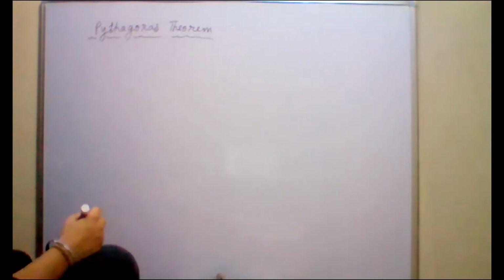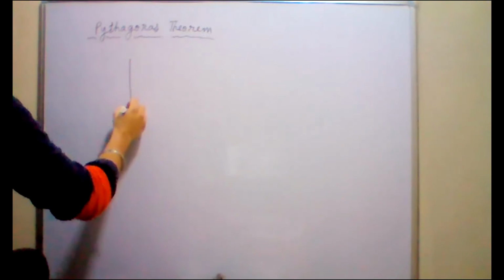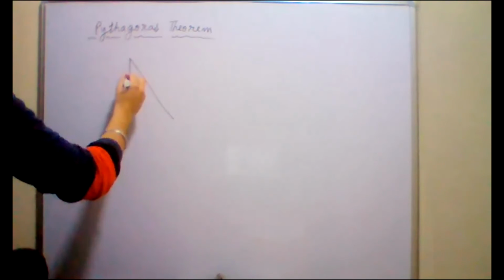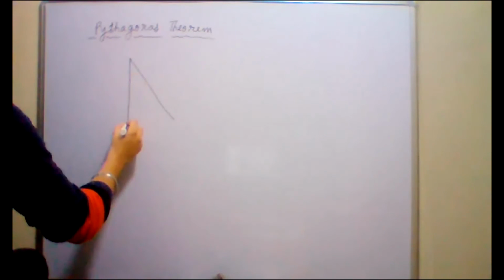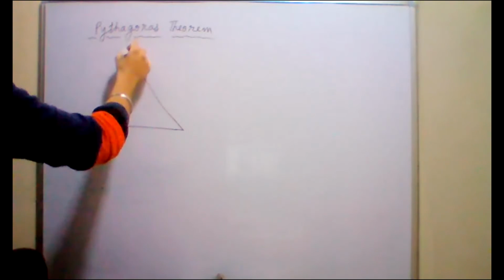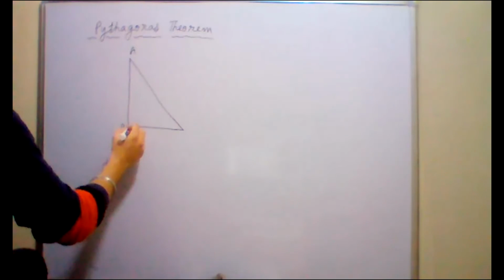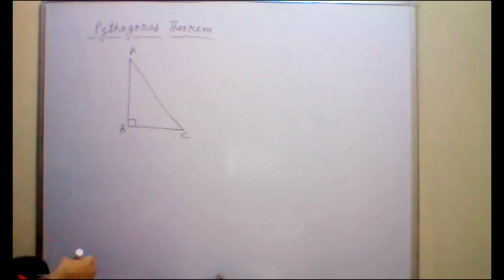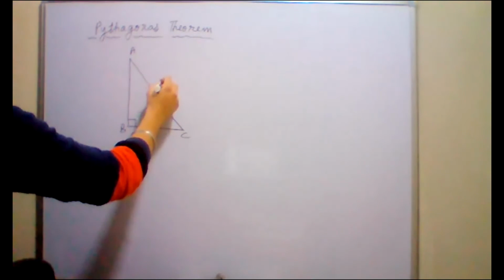After writing the statement, you will have to draw this figure in your copies. Make a right angle triangle like this. Name the triangle as ABC. Angle B is right angle. This side of the triangle is known as hypotenuse.